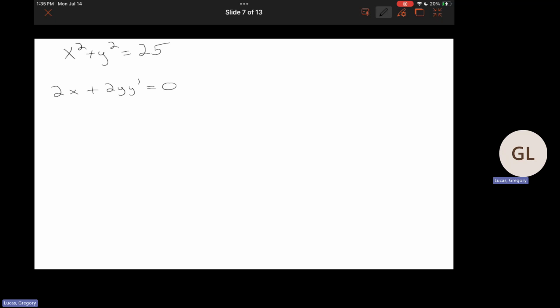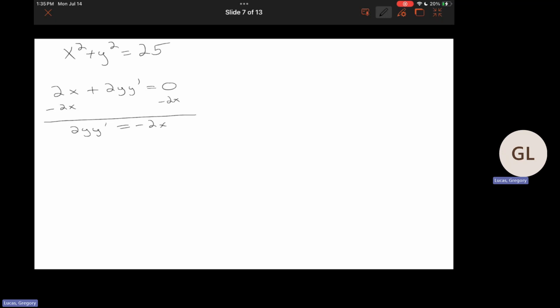So now that we have all of our derivatives, we want to find what y prime is. So what I'm going to do is move everything that doesn't have y prime to one side, isolating the term with y prime. So now I have a y prime on one side, and then I have my minus 2x, which doesn't have a y prime.